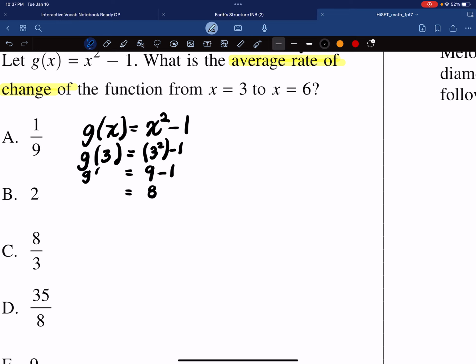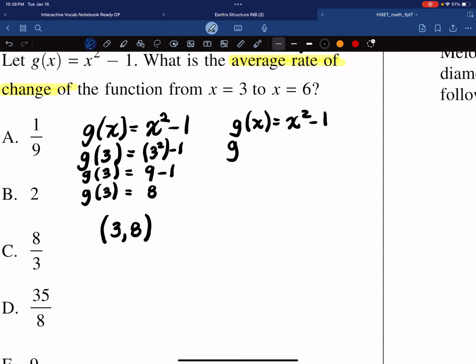So when x is 3, the output is 8. There is one point, one coordinate.